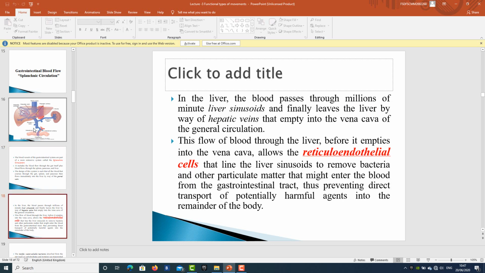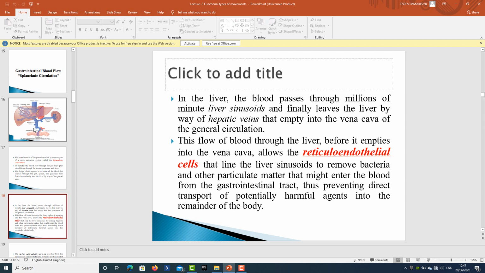Now, in the liver, the blood passes through millions of minute liver sinusoids and finally leaves the liver by way of hepatic veins that empty into the vena cava of the general circulation.